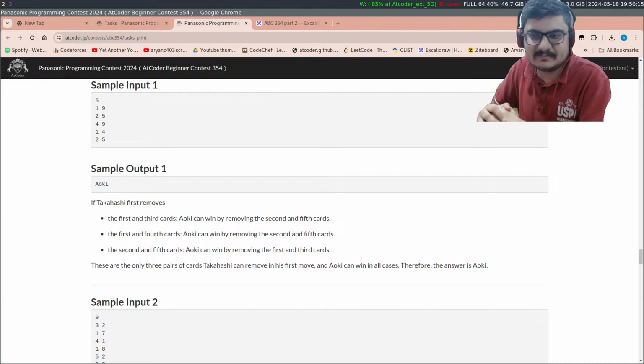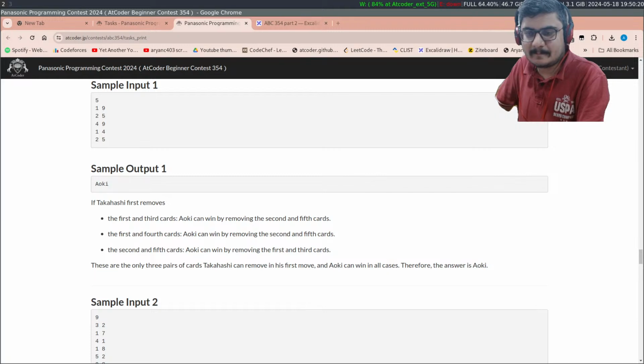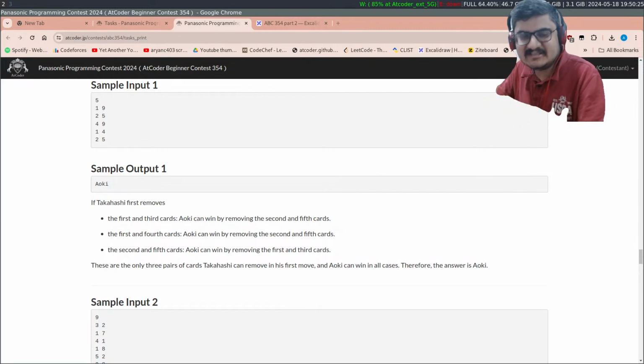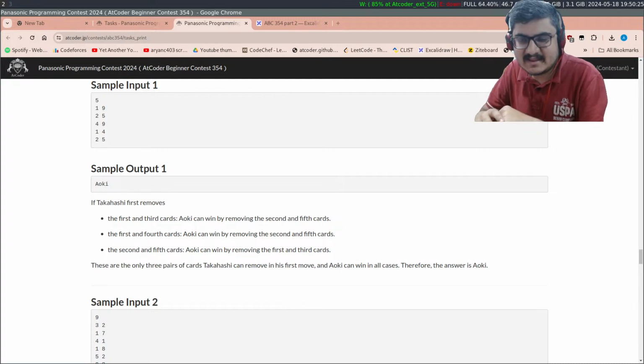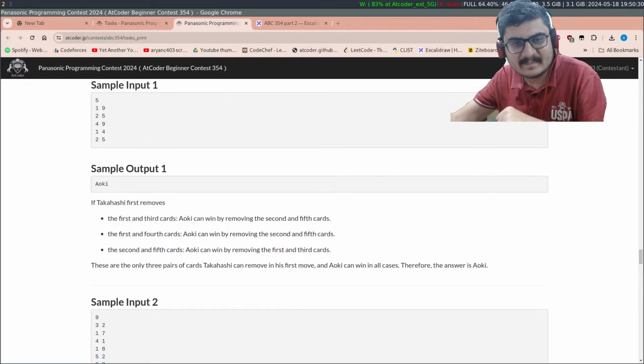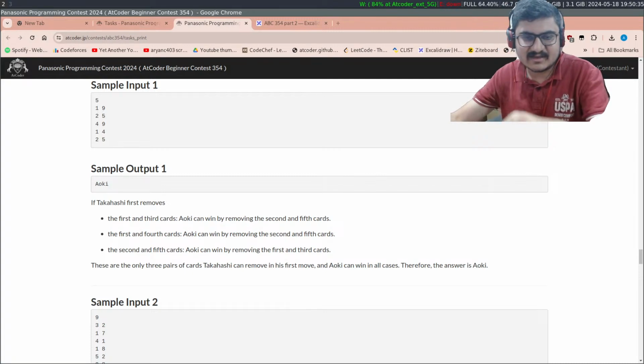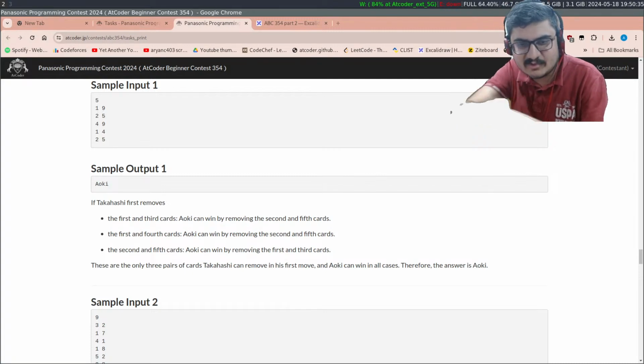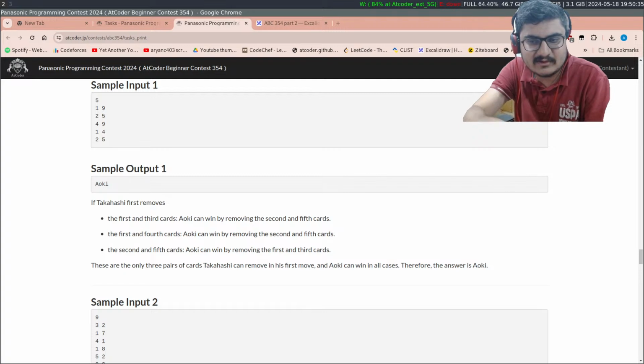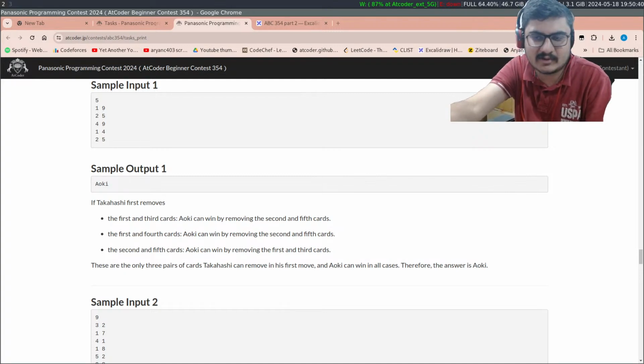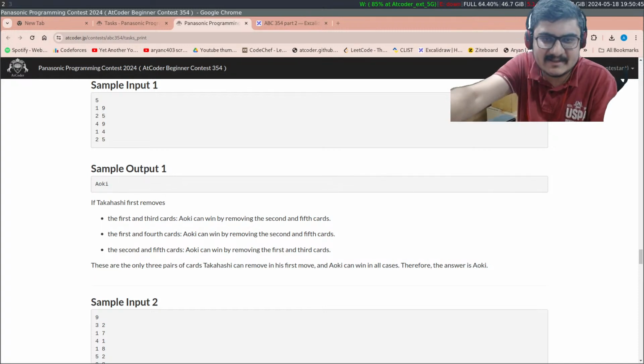Now to solve this function, I have a set of cards. I look at all the possible pairs of two cards I can pick up, and for each pair, I see if I remove it and call the same function, who is going to win, the first player or the second player. If there exists a move such that after removing these two cards the next player can no longer win, then this should be the move I play, because now the second player has some set of moves, but whatever he plays, he is definitely going to lose.